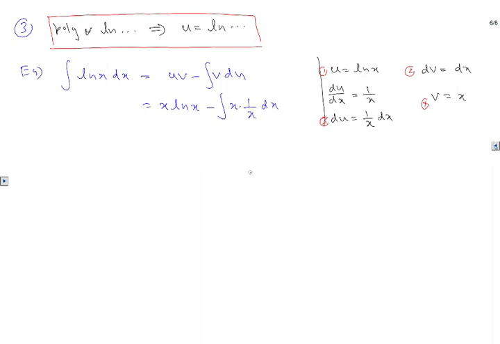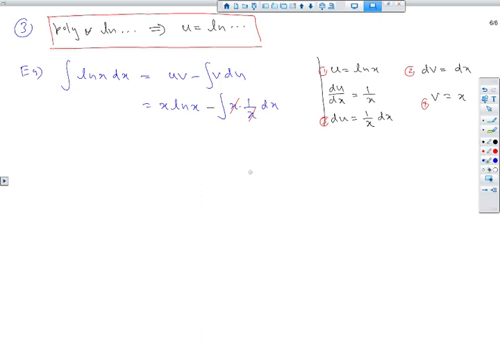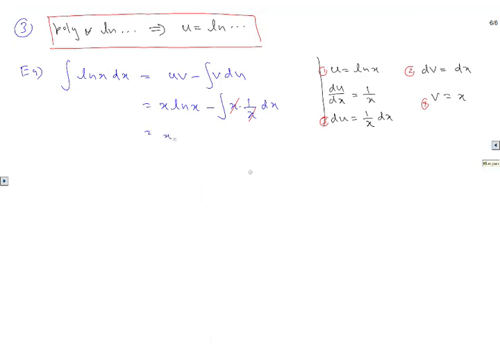You can see there is a really nice cancellation going on here, and that is the reason why we pick u equals ln x: when you take the derivative, it's just 1 over x, so it's going to be simple. Simplifying, you get x ln x minus the integral of dx. If you integrate that, you get x ln x minus x plus c.